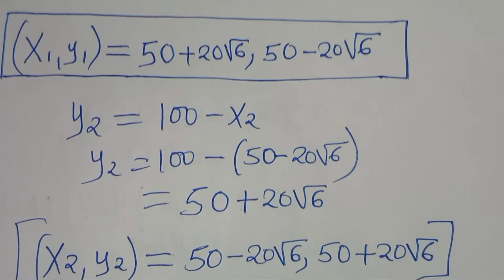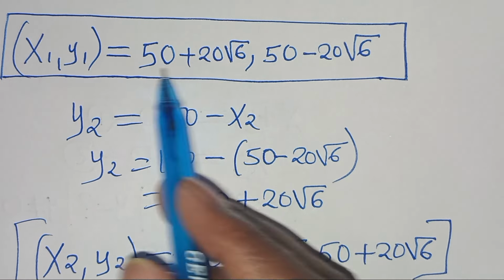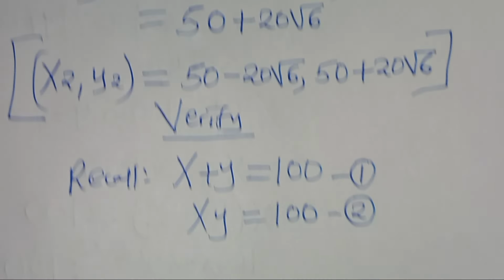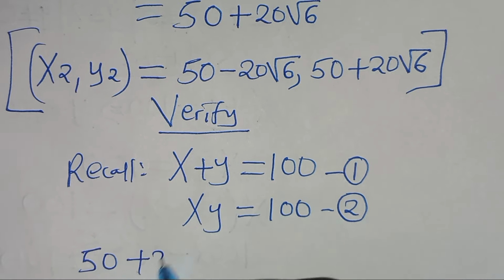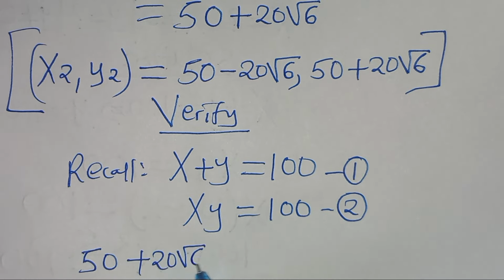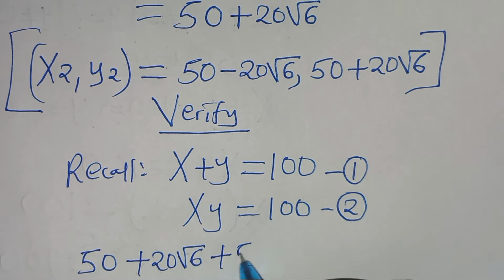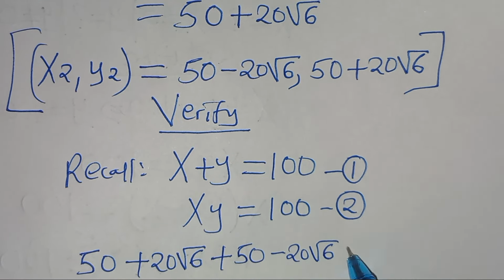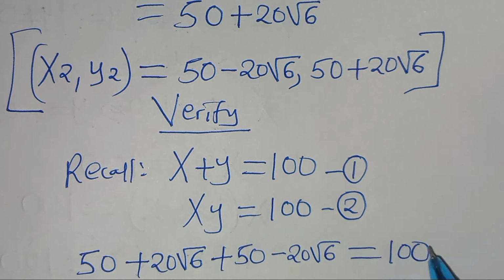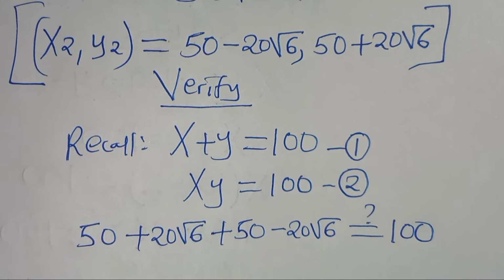Now, let's start with x1, y1 from here. So we have 50 plus 20 square root of 6 plus 50 minus 20 square root of 6. This should give us a value of 100.